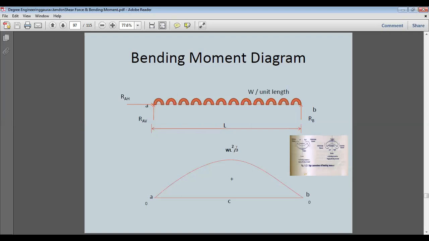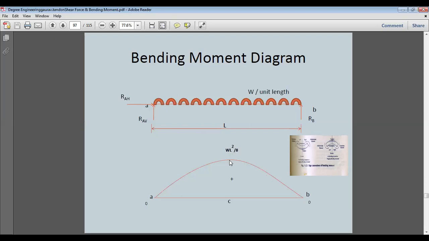So if you see, this will be increasing and decreasing as per the square of L. So bending moment will be proportional to the square of length. When the length is increasing up to this point, this is the length for maximum bending moment.